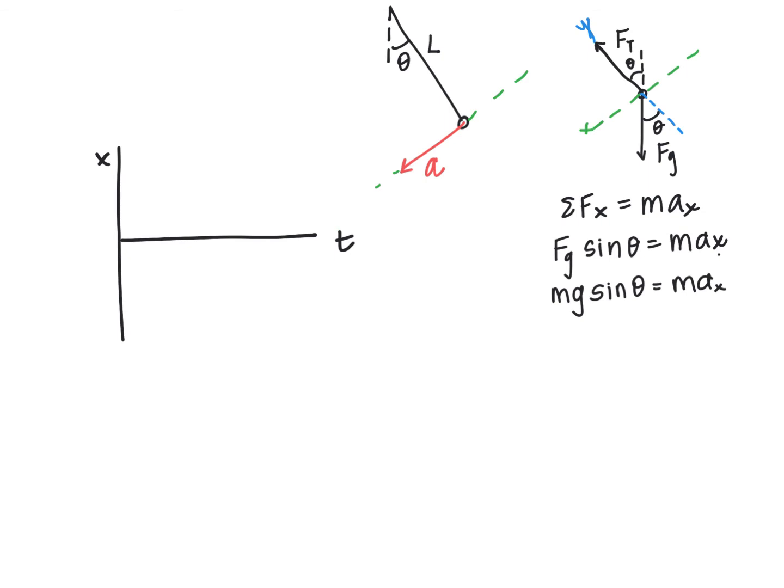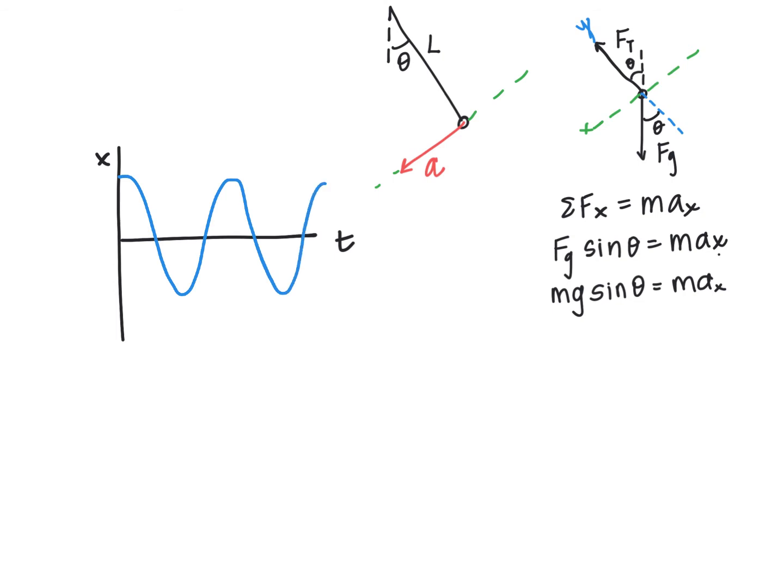Now let's consider the position versus time graph. As this pendulum bob is moving in its arc path, we can imagine that the shadow of that bob is going back and forth on the floor here, or below it. Even though it's traveling in this arc path, let's think about looking at the shadow as it comes back and forth here. If we graph that, we start out at a positive position, and it's going to go up and down, back and forth.